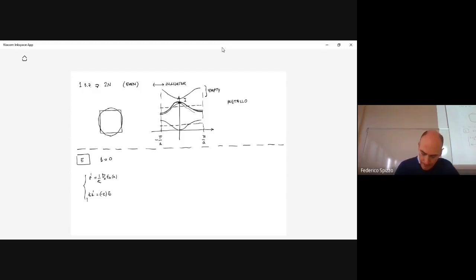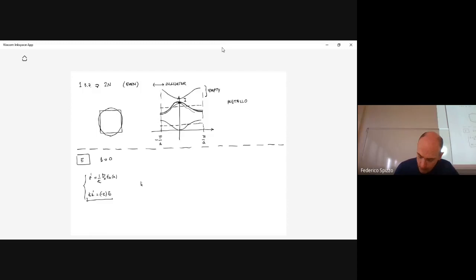And if we just have a look at the second one, it tells us that the derivative of k is constant. So it's just a sort of motion where we have a constant acceleration.